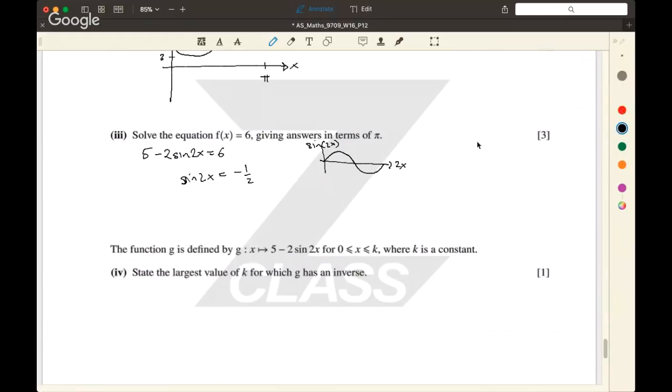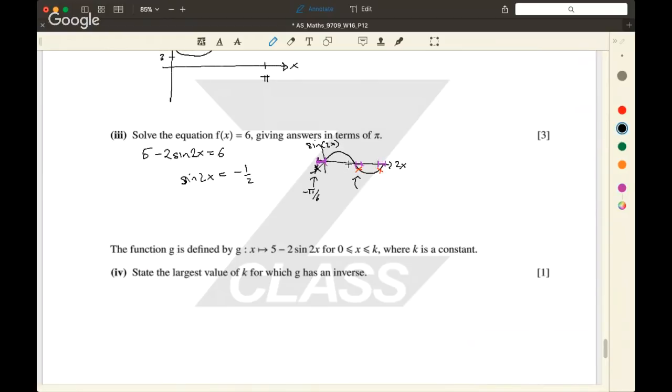And we see that it's equal to minus a half here and here. So if you put it into a calculator, you will get the point over here, because they give you the one that's closest to the origin. So you get the point minus pi on 6, but that's not even in our range. So we'll want to take this distance here, which is pi on 6. And it's the same as this distance here and this distance here.